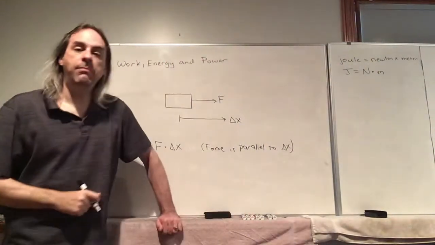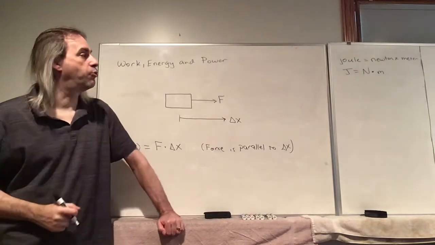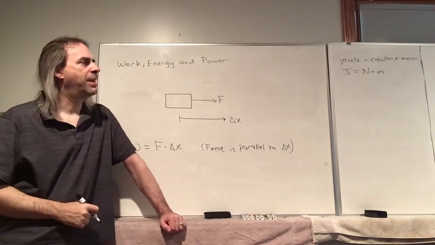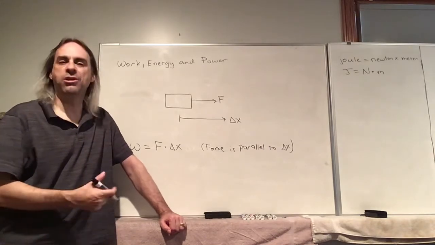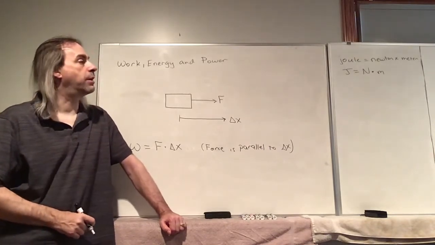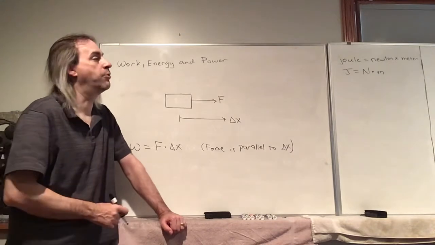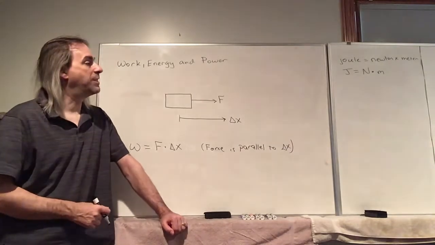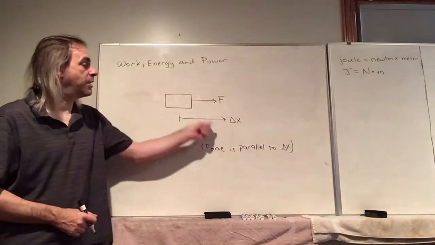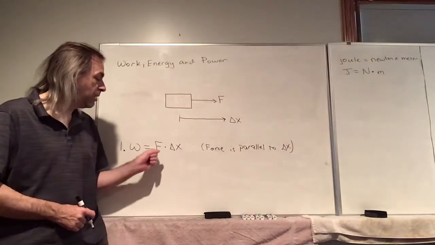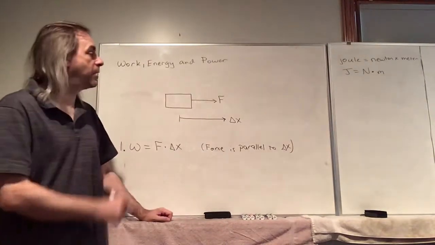This was named after James Joule, who was a scientist during the Industrial Revolution. I think he worked on heat engines and things like that, but they named that unit after him. So a joule is a newton times a meter. In this particular case, force and displacement are parallel. Work is simply force times delta x.